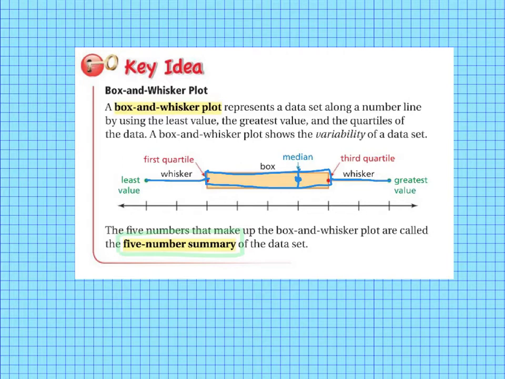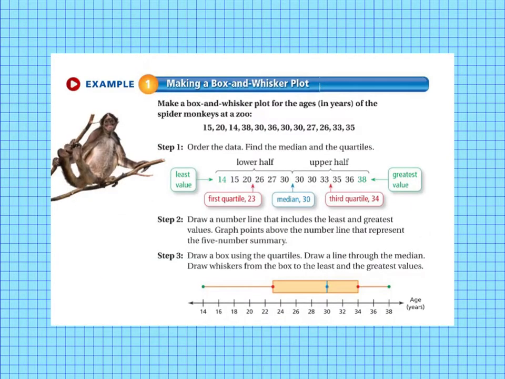And it separates your data into 25% below the first quartile and 50% in the box and 25% in your upper quartile. So that, my friends, is a box and whisker plot.